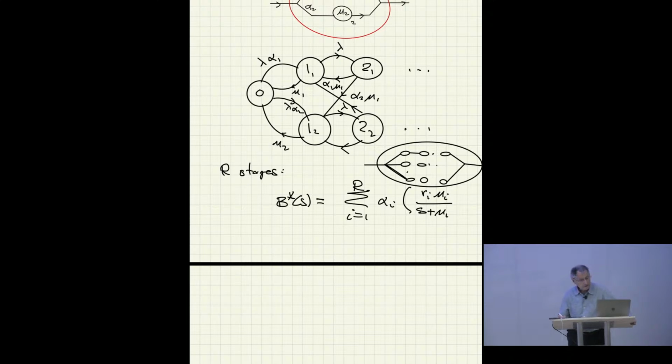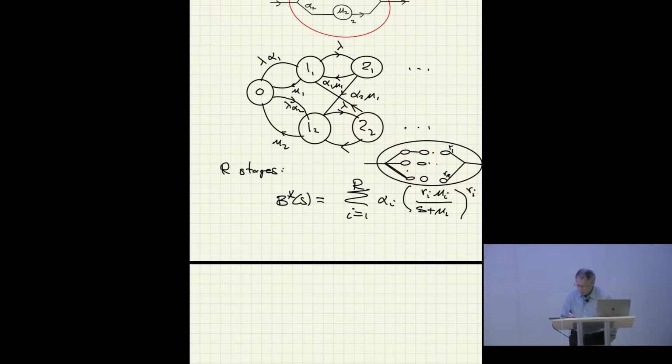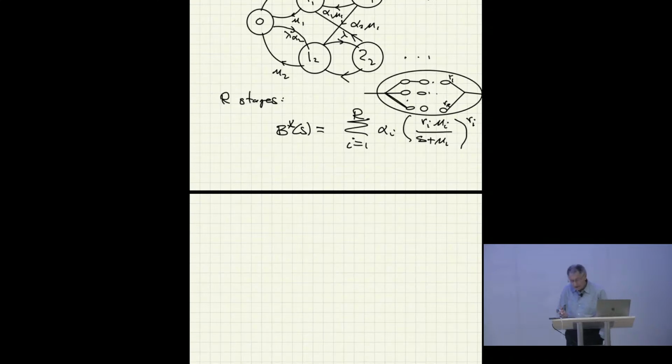So this could have, say, R sub 1 stages. Sorry, this could have R sub R stages. And each of them has their own mu. So what I started to write here was, for that strange case, it's these things to the Ri. That's the most general case we have. And you can write it down and solve it.